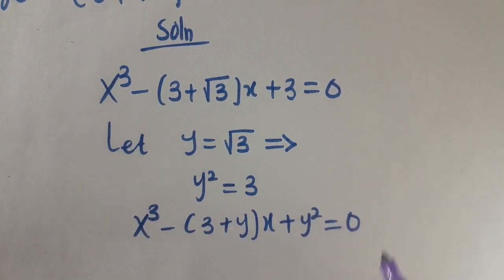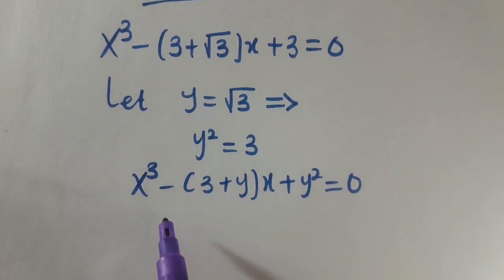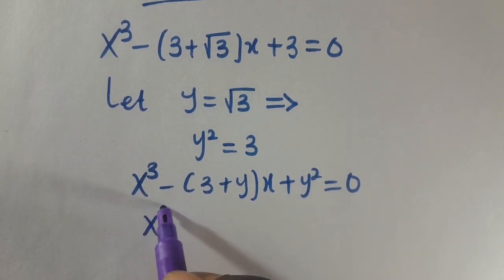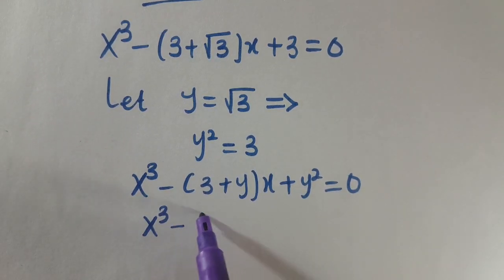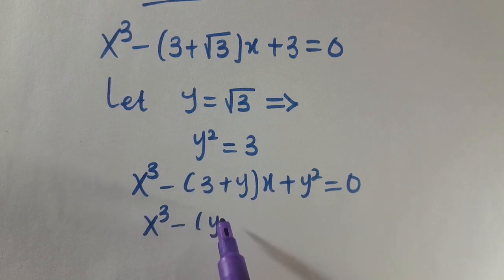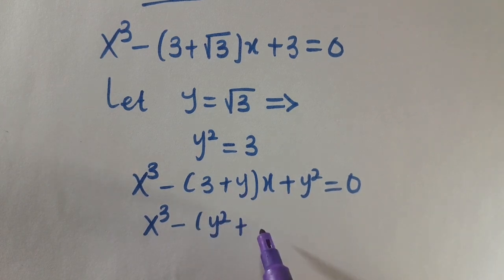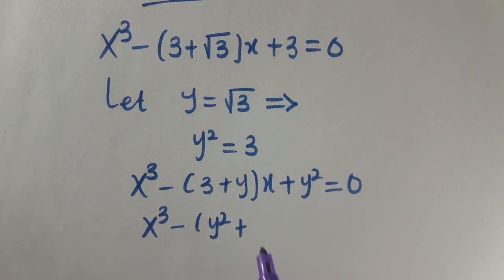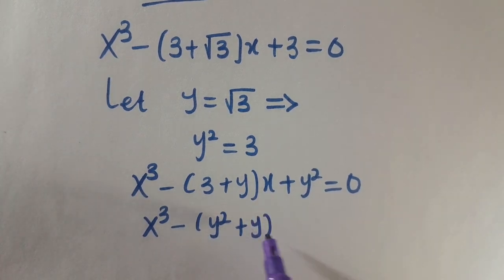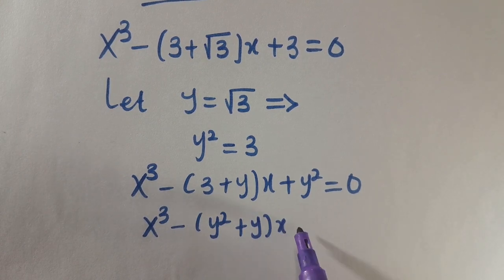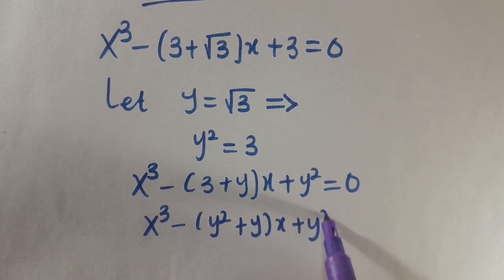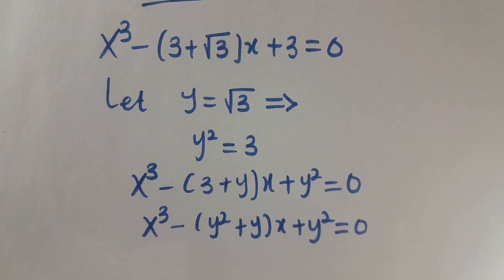Then we have everything equal to 0. So from here we can write everything as x raised to the power 3 minus (y squared plus y) multiplied by x plus y squared. We have everything equal to 0.